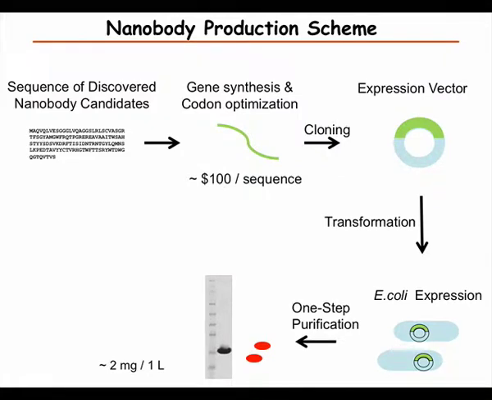So now when we have a sequence, we can synthesize the gene and codon optimize it for E. coli, make an expression vector, express it, and then simply purify it and see what yield we get. And then test how well it works.